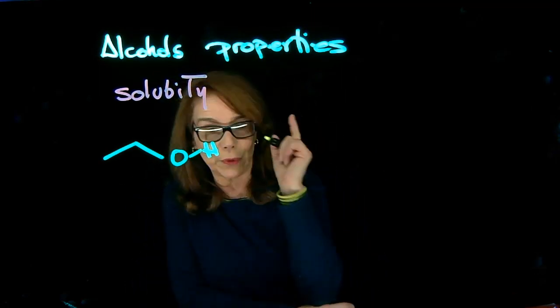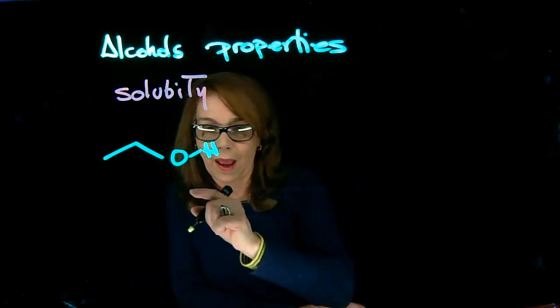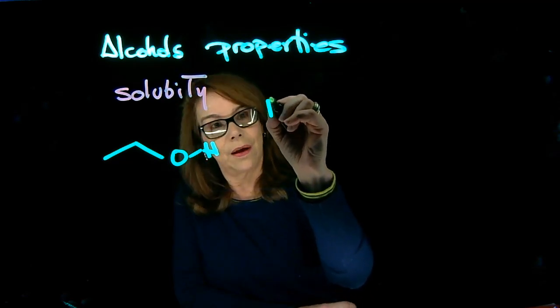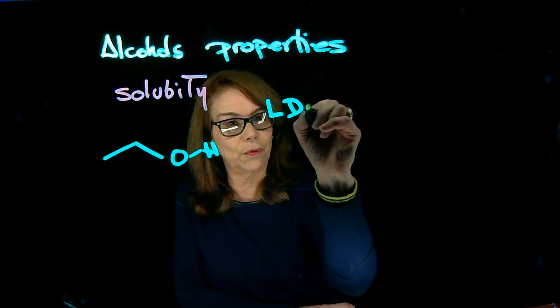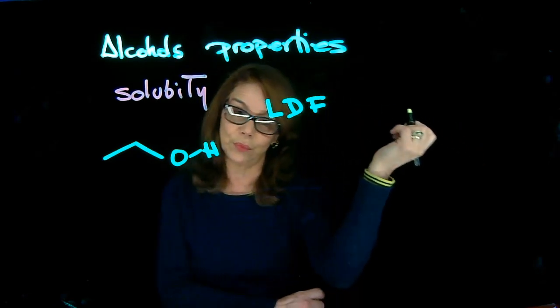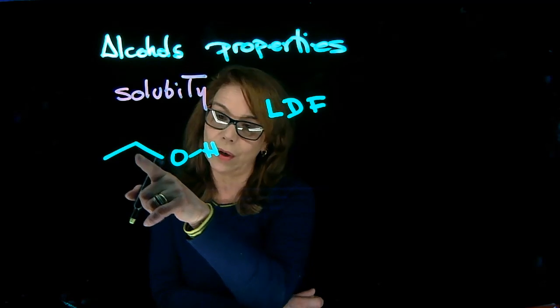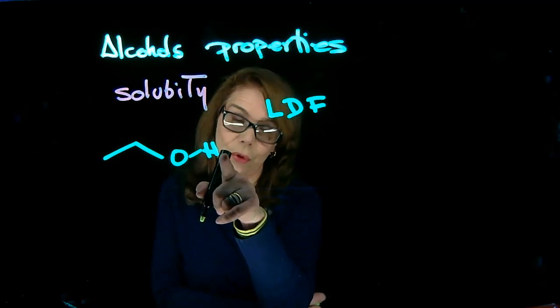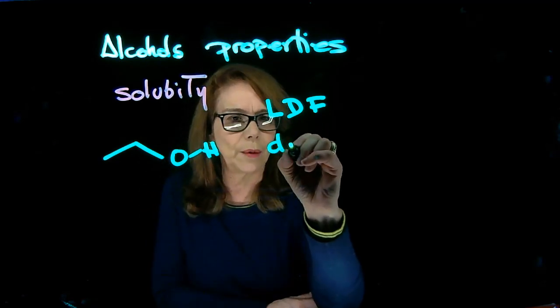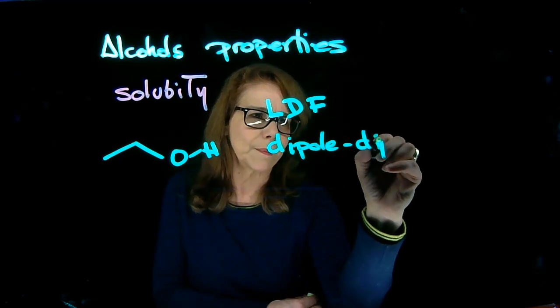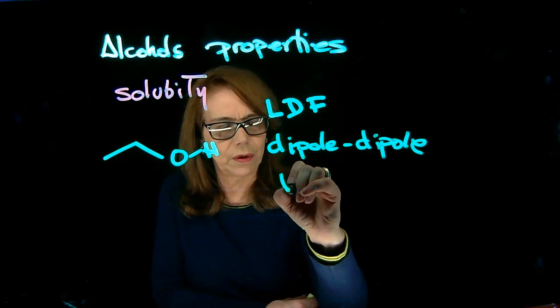Now we have talked before about types of intermolecular forces. Here you have, of course, London dispersion forces, the weakest, present in most molecules. We also have a dipole here. There is a polar bond between carbon and oxygen, and this is also a polar bond. So we have dipole, and we also have a hydrogen bond.